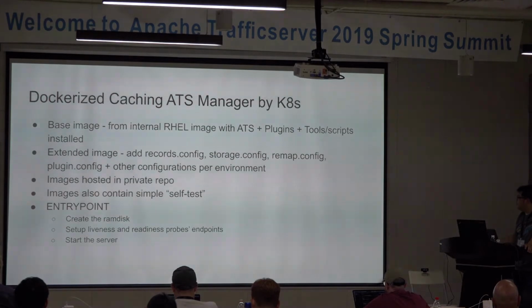So they will have their own configuration files. They might run a different set of plugins at runtime, or their storage requirement can be different between front page and AOL, for example. And of course, their mapping rules may also be slightly different. So each of them has slightly different configurations from each other. So we have a base image and an extended image. And all these images, of course, are in the private repo, so you wouldn't be finding them on the internet.